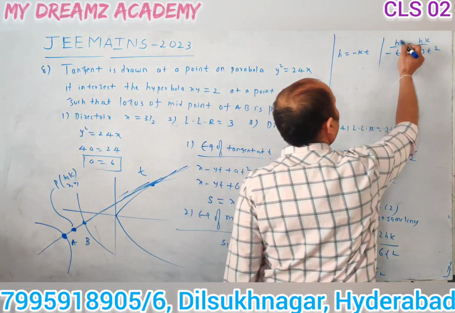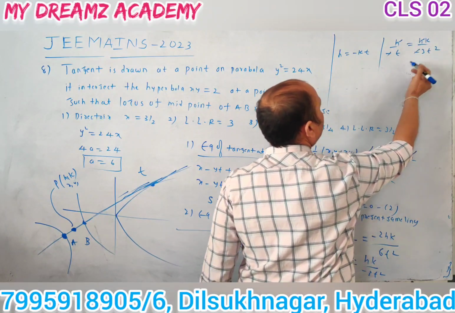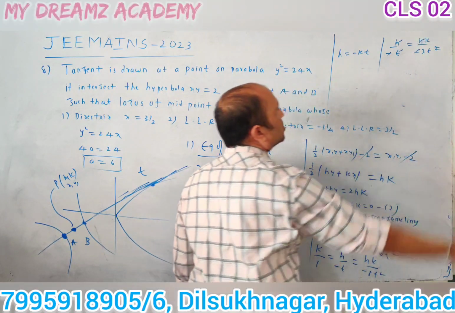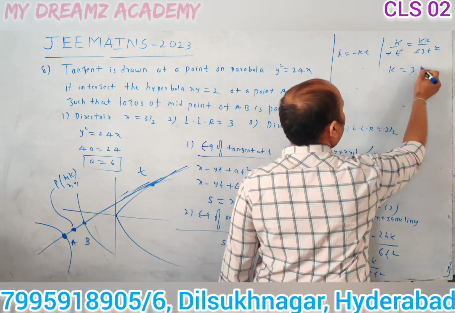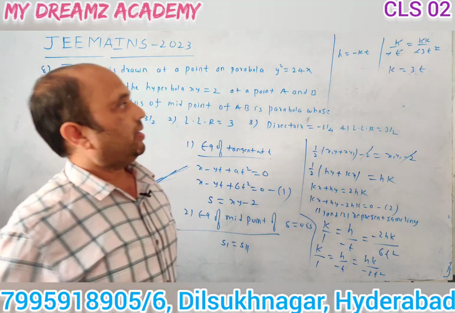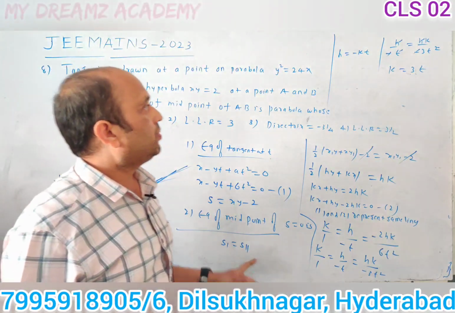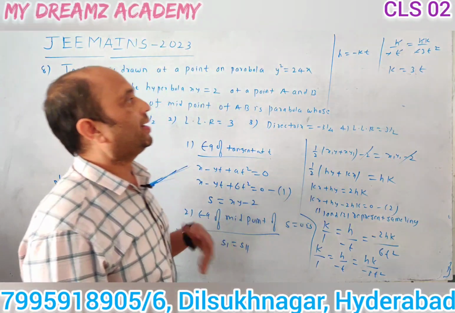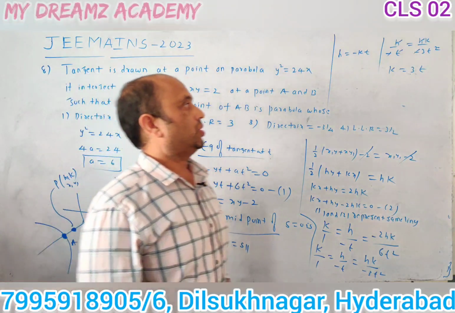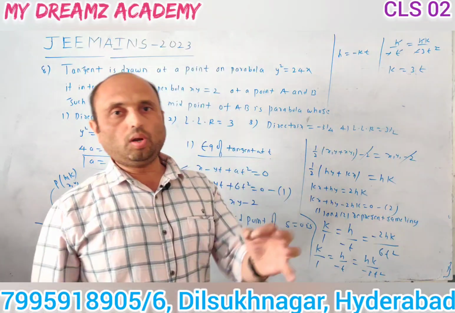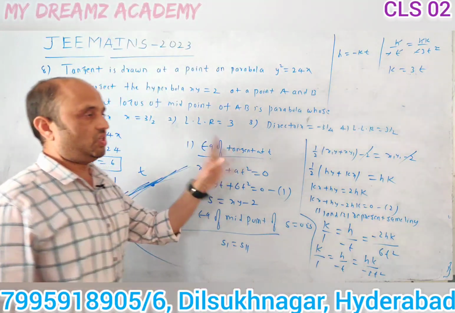Here h cancels, the minus sign cancels, and t also cancels, so k is equal to 3t. From these two equations, eliminate the t value and we get the locus of h comma k.